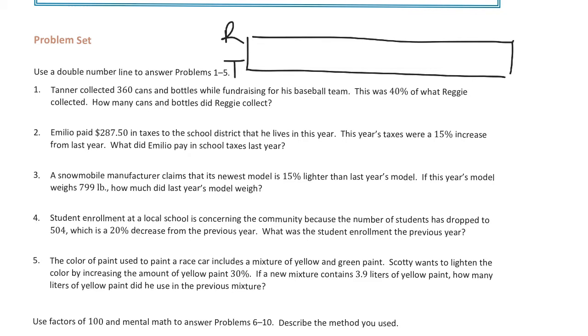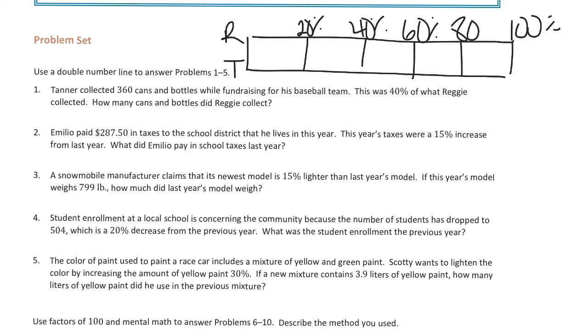So Reggie would represent the whole thing. And Tanner's is only 40% of that. So I divide this into 20%. 20, 40, 60, 80. And so what Tanner did was 360, which was the 40%.